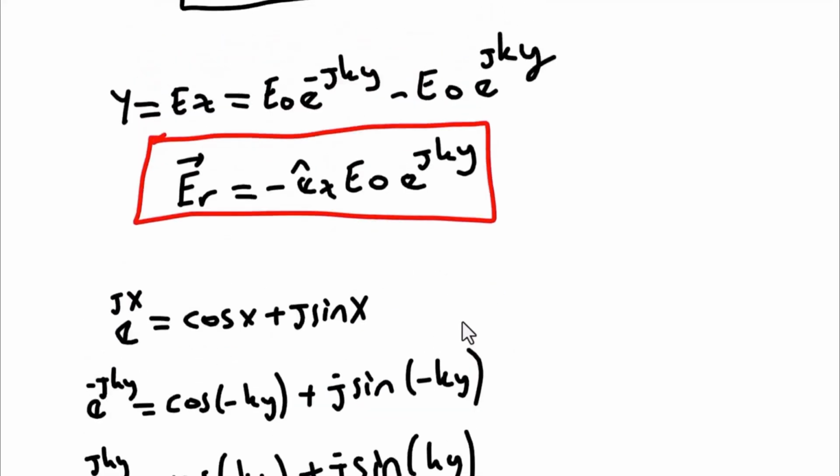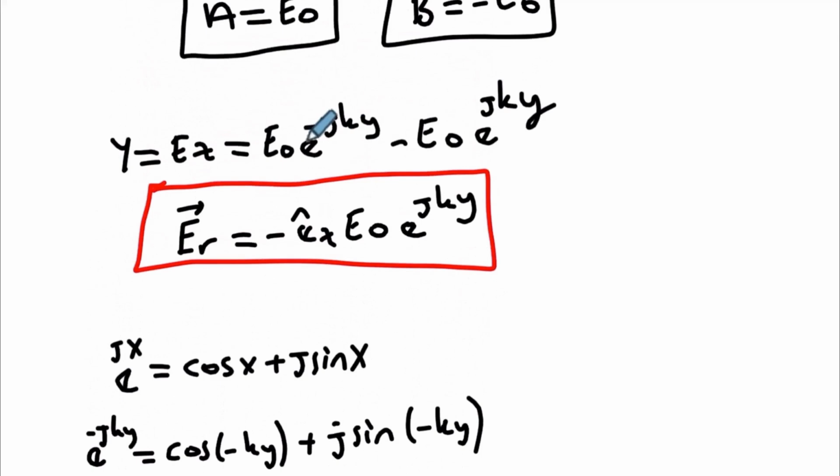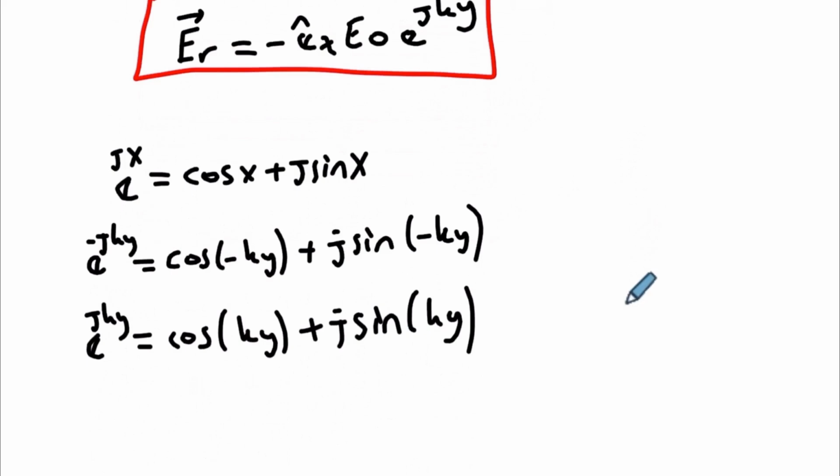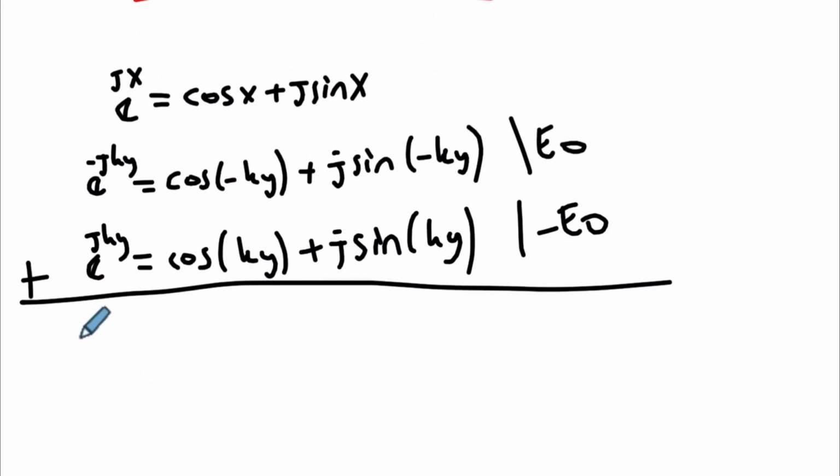And what do we have at the beginning of these, friends? There's E0 at the beginning of the negative jky's, and there's negative E0 at the beginning of the positive jky's. So if you multiply these by E0, and this one by negative E0, and then add them, how do I obtain Ez? In the end, adding these two will again give us Ez.